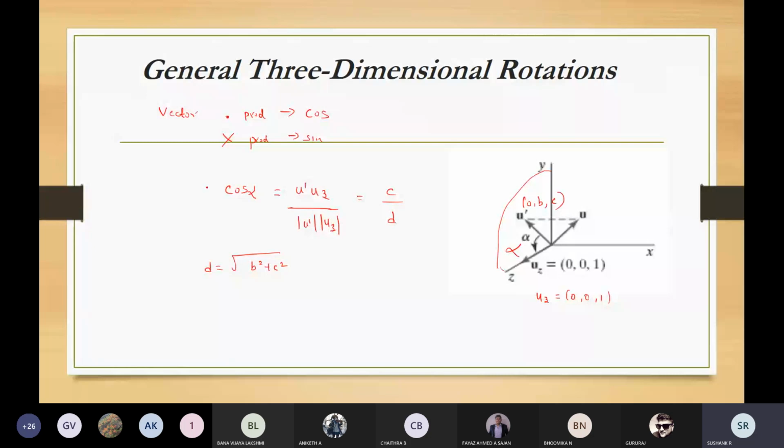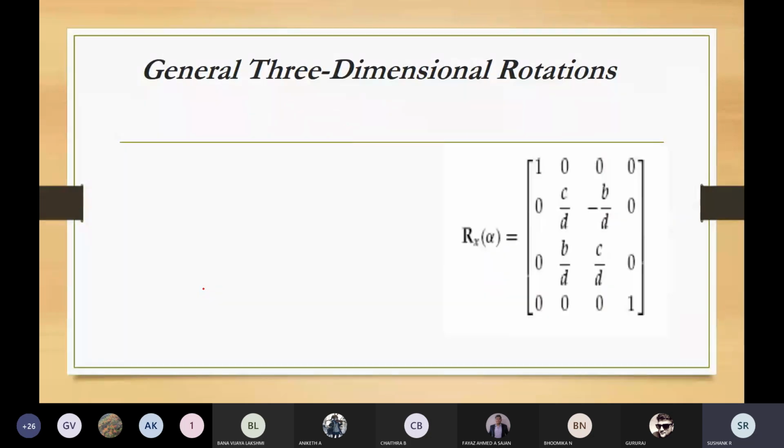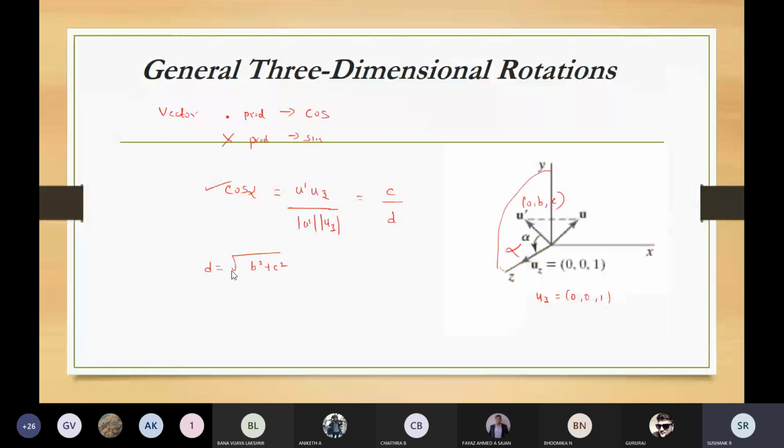Now we found cos alpha. Now if I want to find sine alpha, I should perform the cross product. So the cross product of u dash and uz is equal to, along the x-axis, the magnitude of u dash times the magnitude of uz times sine alpha.